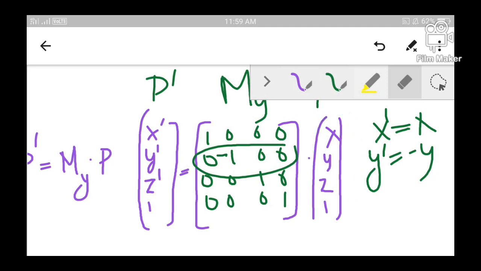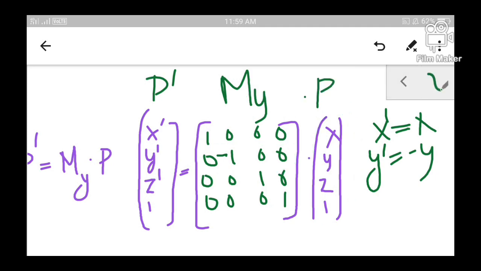Now comes the third row. Except z, all other terms are multiplied by 0 and z is multiplied by 1. Like this, 0 into x plus 0 into y plus 1 into z plus 0 into 1. So what is the value you will get?